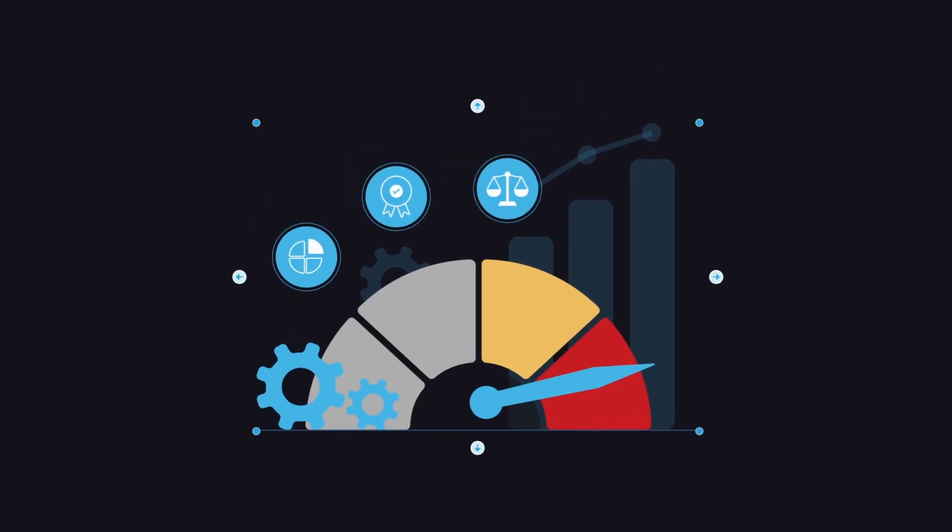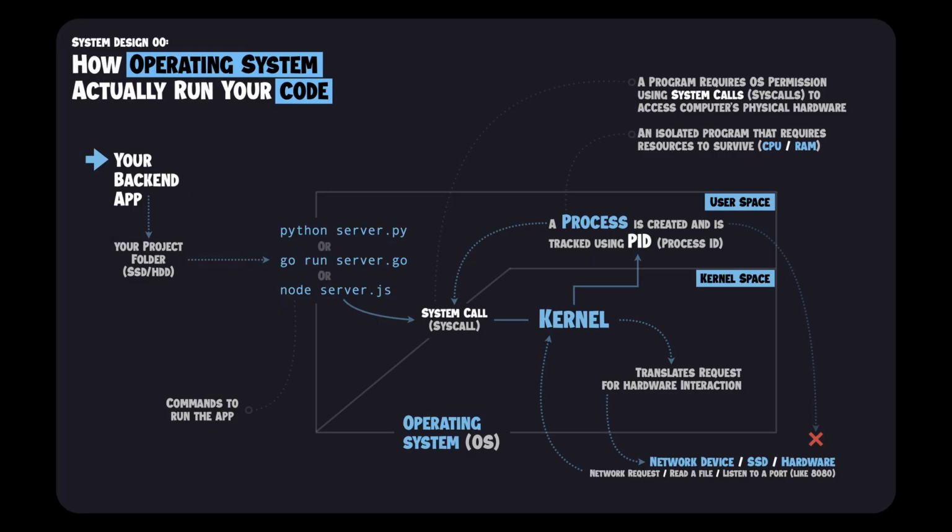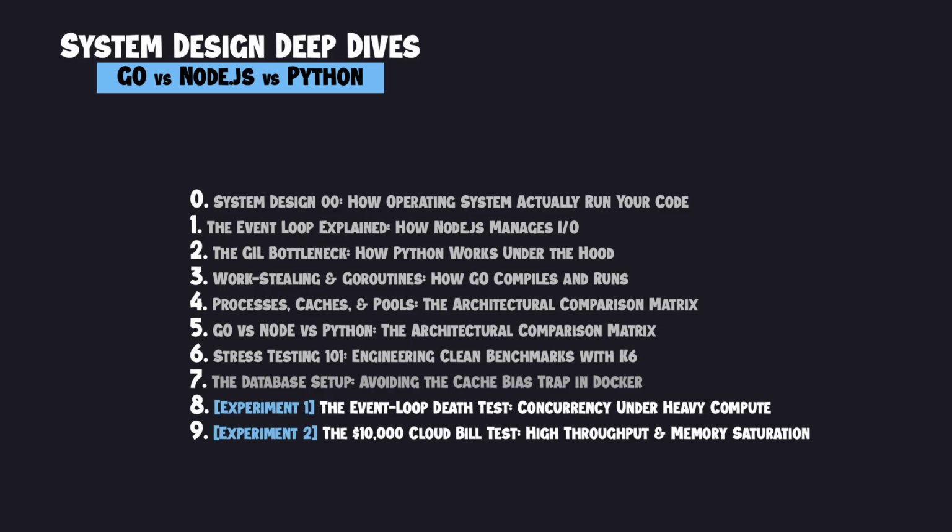We all know about the bills, right? But here is the reality. Directly jumping into these benchmarks won't make you a better architect. If you want to make serious multi-million-dollar tech decisions, you need to know how the machine actually thinks. This is why this playlist is built differently. Before we deploy a single line of test code, we have designed an 8-part foundational series.